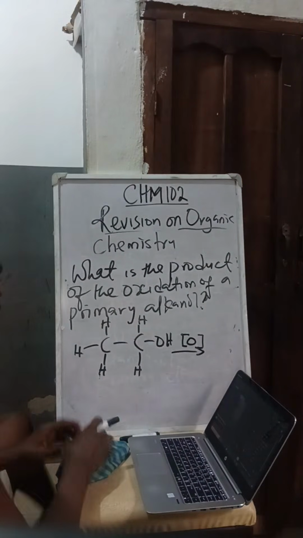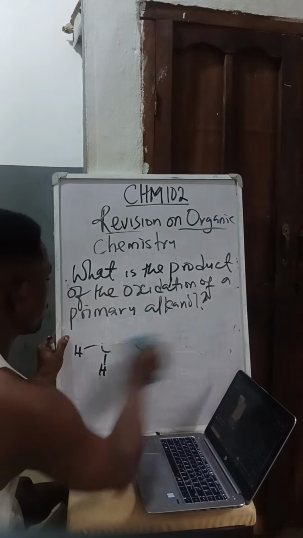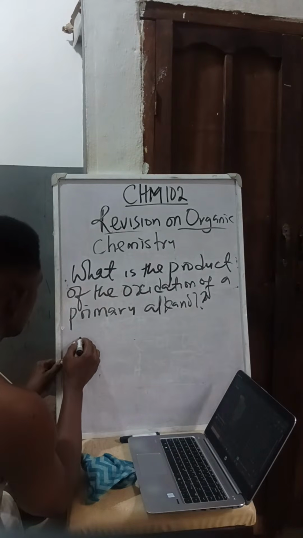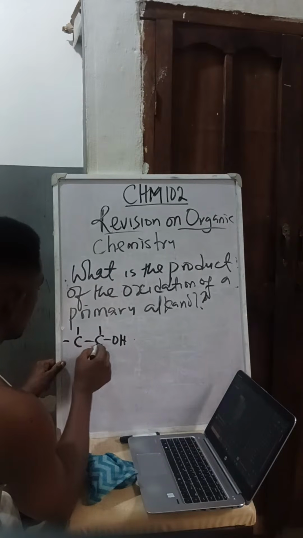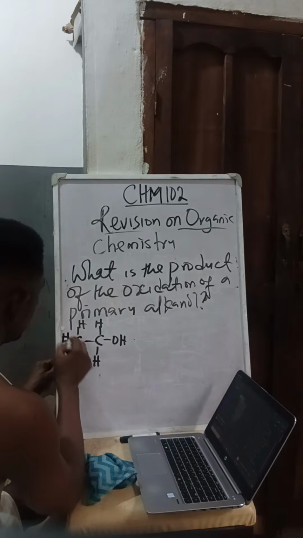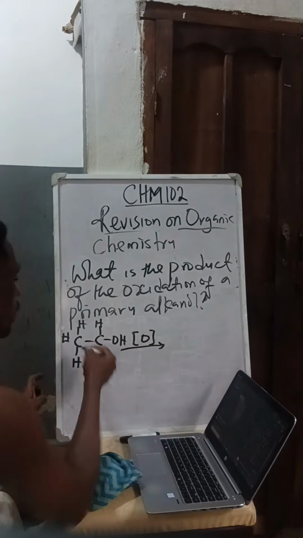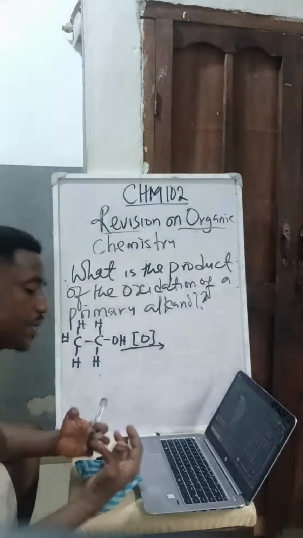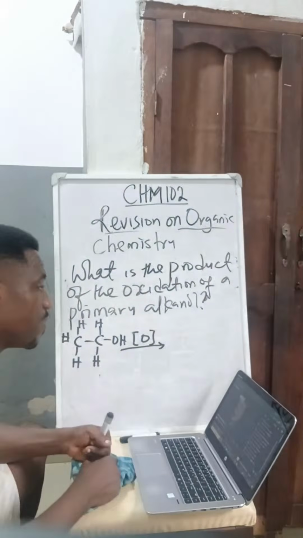So this is what happened. Here is hydrogen, hydrogen, hydrogen, hydrogen, hydrogen. So when you oxidize it, you find out that oxidation actually is either the addition of oxygen or the removal of hydrogen.